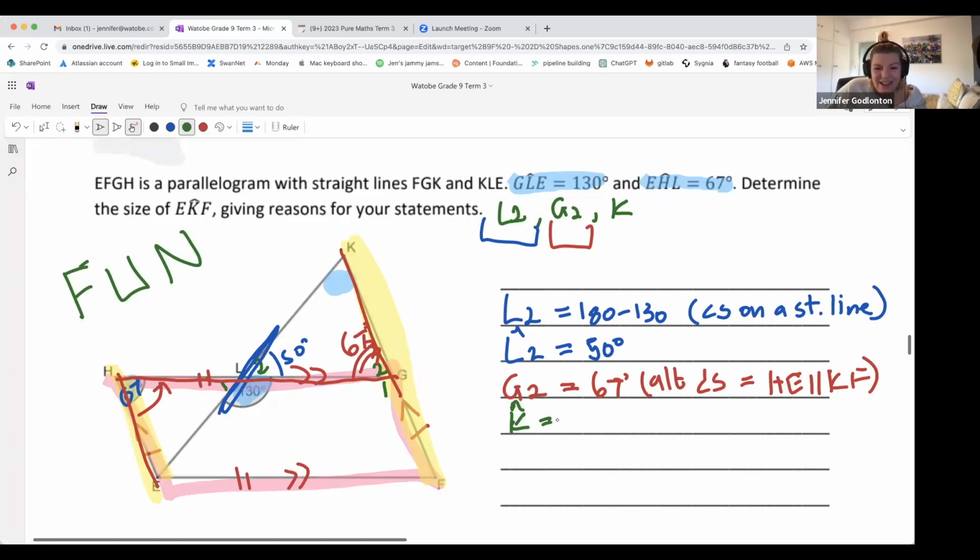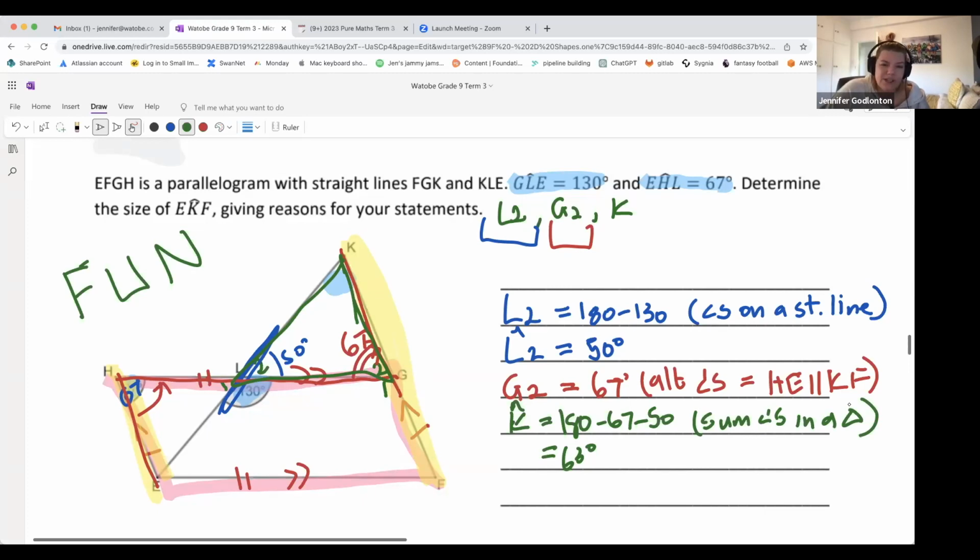Good. So K is going to be equal to 180 minus 67 minus 50 because they are all inside this little green triangle over here. And so K is going to be equal to 63 degrees. And our reason for that is sum of angles in a triangle. Beautiful. Nice job, guys. You did super well today.